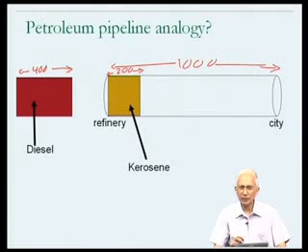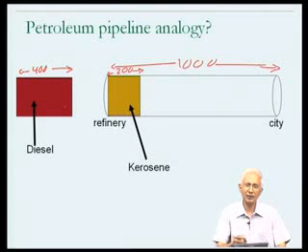Now, the situation that we have is we could immediately start pumping the diesel into the pipeline. As soon as the 200 kilometers of kerosene had been pumped into the pipeline, we could start pumping the diesel into the pipeline. But the problem that could arise now is that the kerosene and the diesel would mix, producing something which is neither kerosene nor diesel, and the end user would not be very happy.